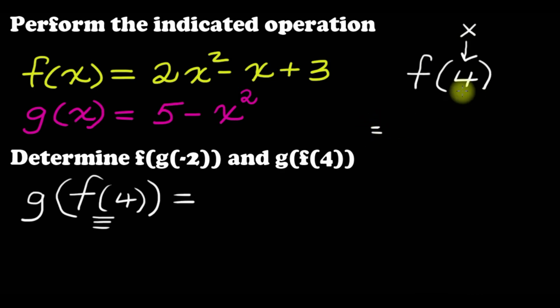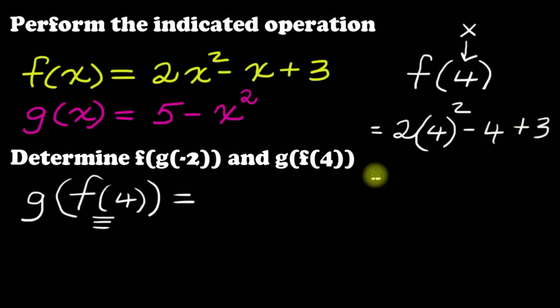Okay, so we're going to plug the 4 in here using f of x now. Okay, because we're working with the f function. So it's going to be 2x squared. So that's going to be 4 squared. Take away x, take away 4, and then plus 3. And then we're going to simplify the expression. 4 squared is 16.